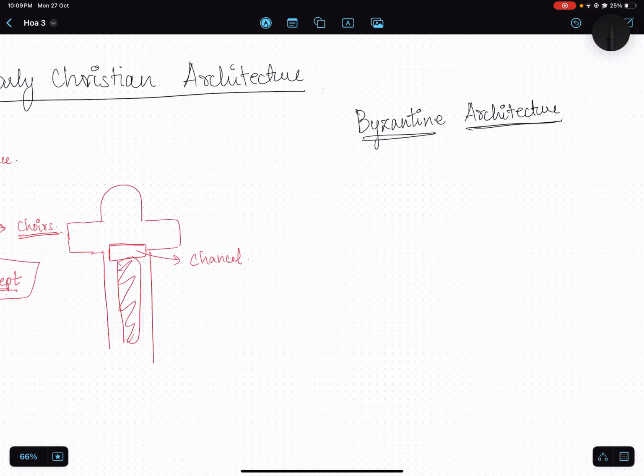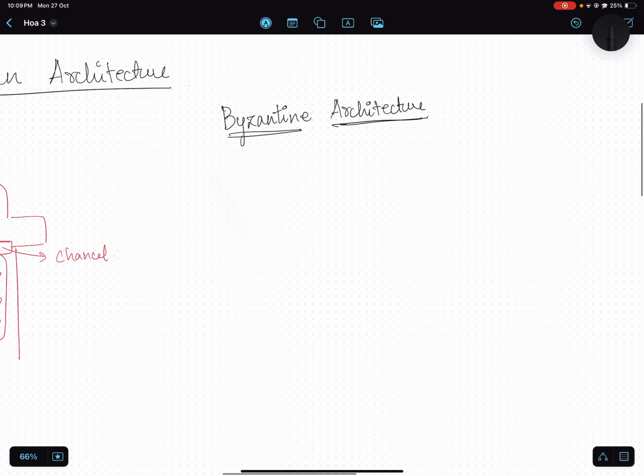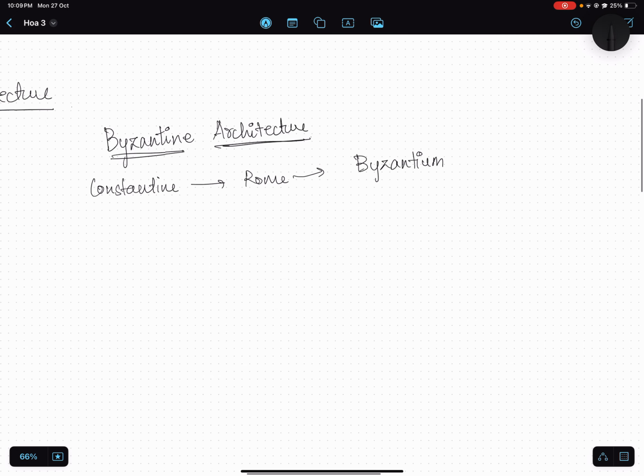What began Byzantine architecture is the Emperor of Rome, Constantine, moved his capital from Rome to Byzantium, and thus the name Byzantine.